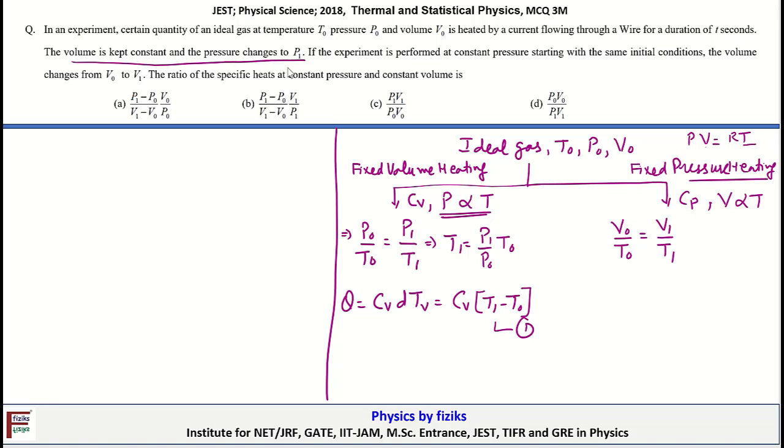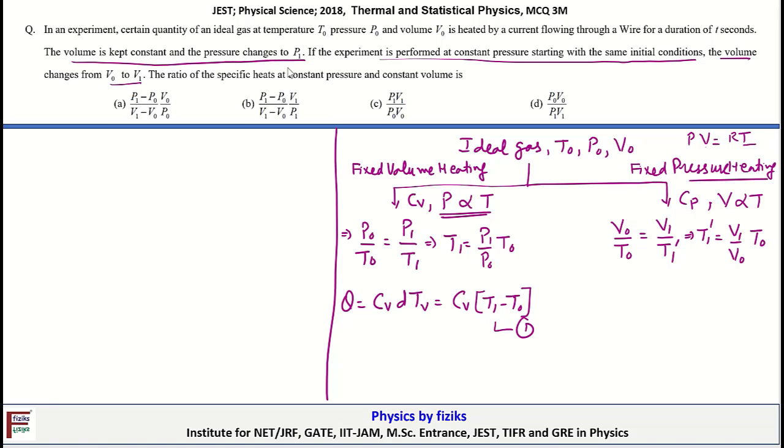It's given that if the experiment is performed at constant pressure starting with the same initial condition, the volume changes from V0 to V1. That's why we have taken V1, and let's say the corresponding change in temperature is T1 dash, not T1. So T1 dash is equal to V1 upon V0 multiplied by T naught.